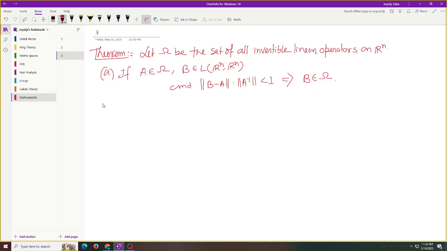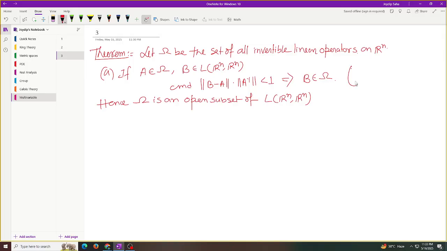Hence, omega is an open subset of R^n with the metric that comes from the norm. So what is happening here?